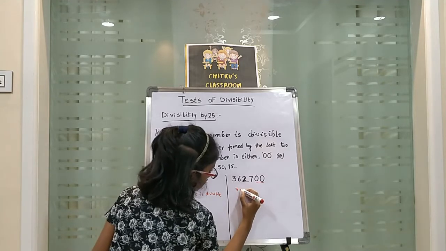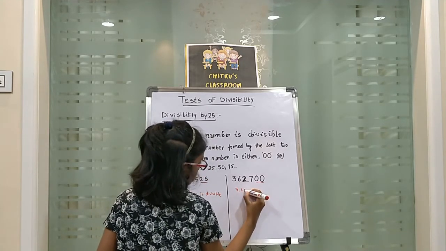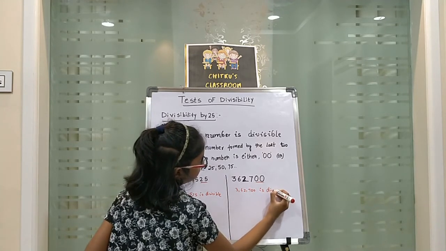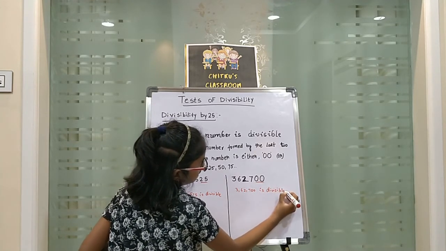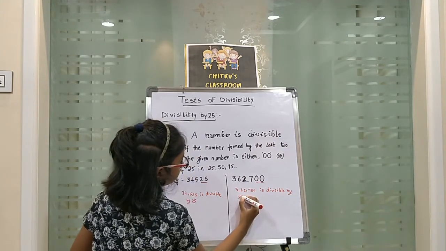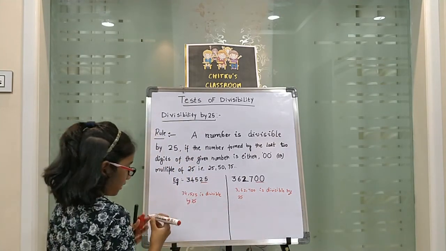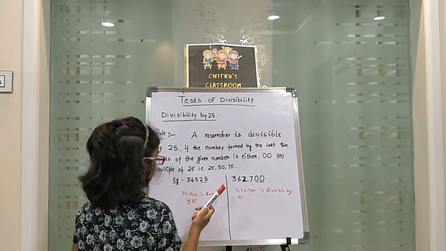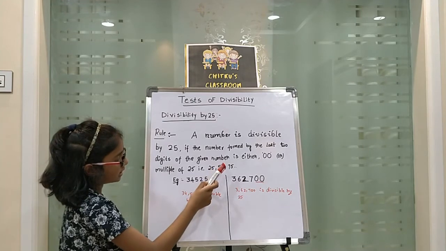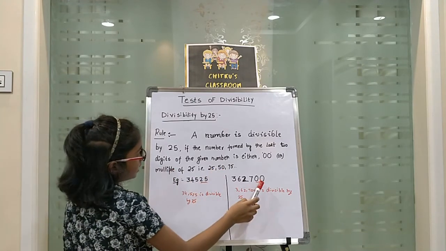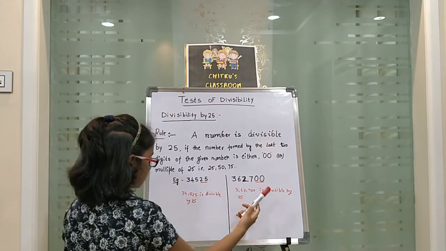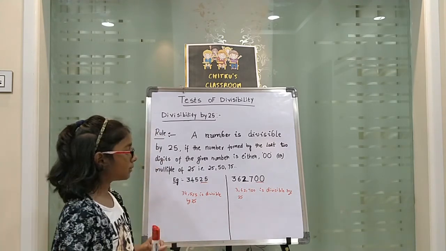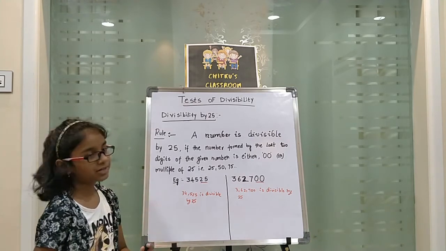So 3,62,700 is divisible by 25. So if the number at the ones and tens place is a multiple of 25, that means the numbers that come in the 25 table, or if the last 2 digits are 0, 0, the whole number is divisible by 25.